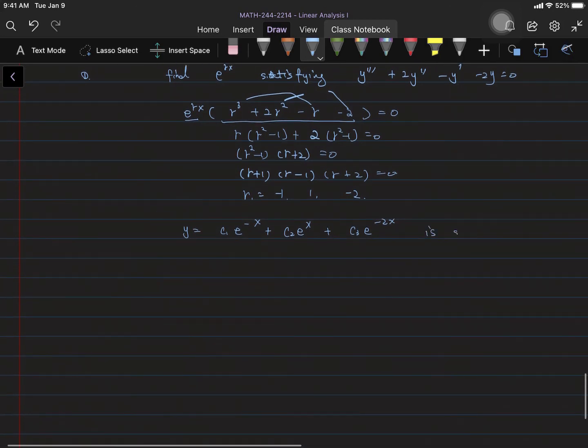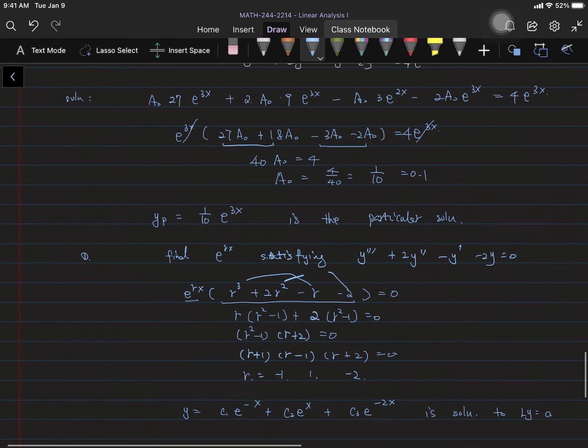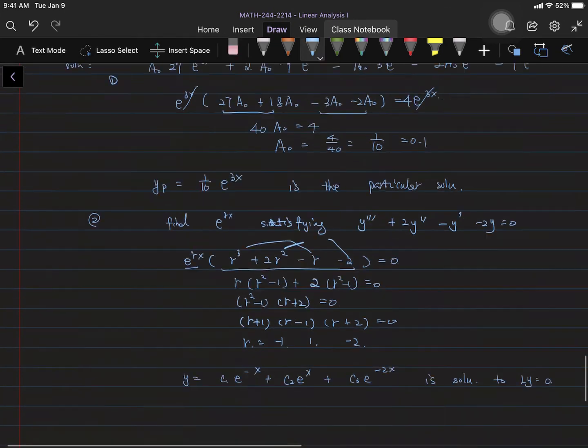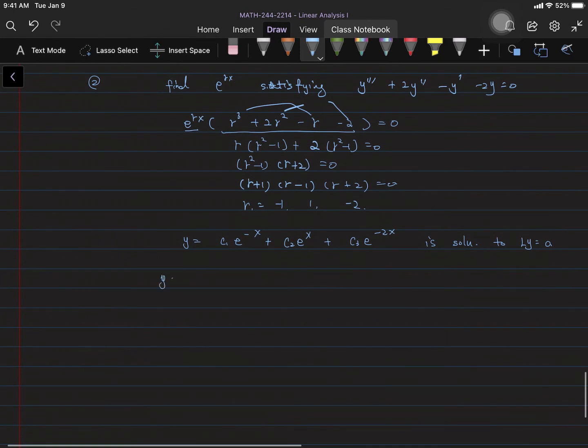So this is the solution to Ly equals 0, right? And the particular solution we also got in the last step. So this is step 1. Here is step 2. So what's the general solution? y equals the general solution to the homogeneous equation plus the particular solution.